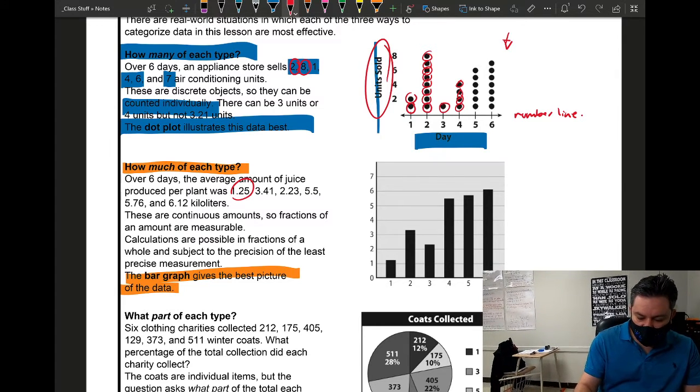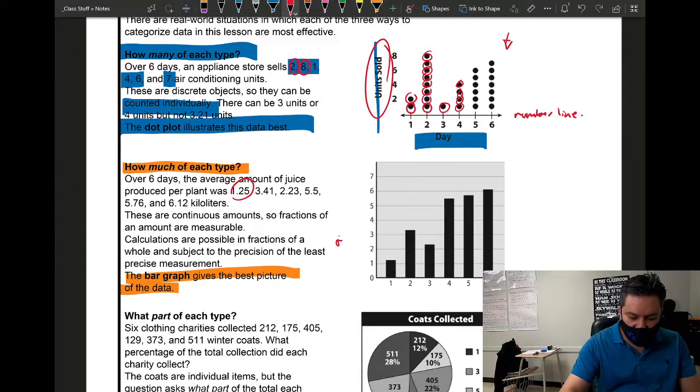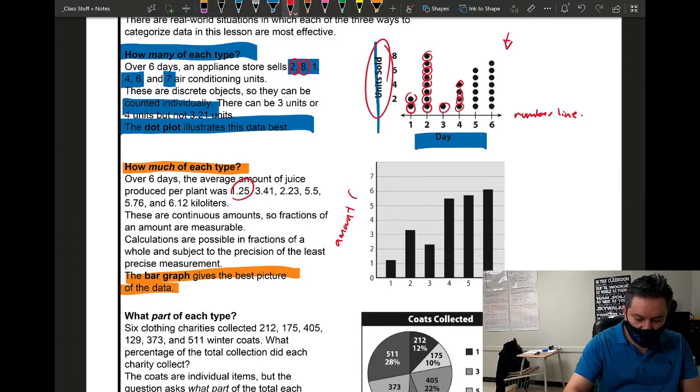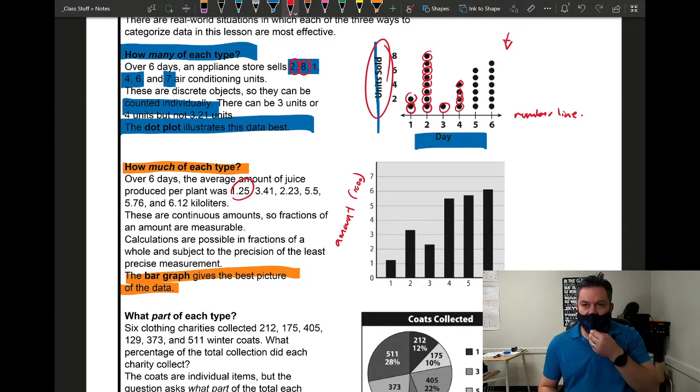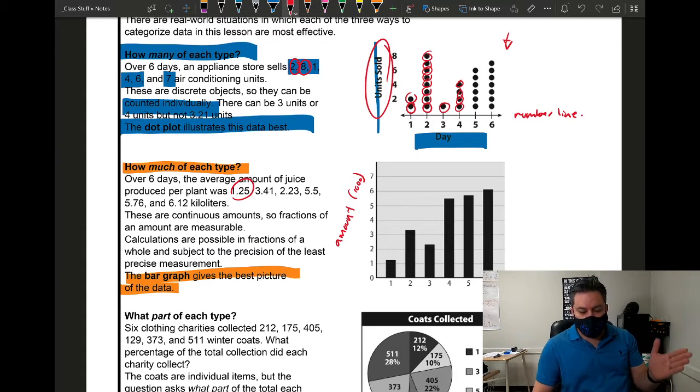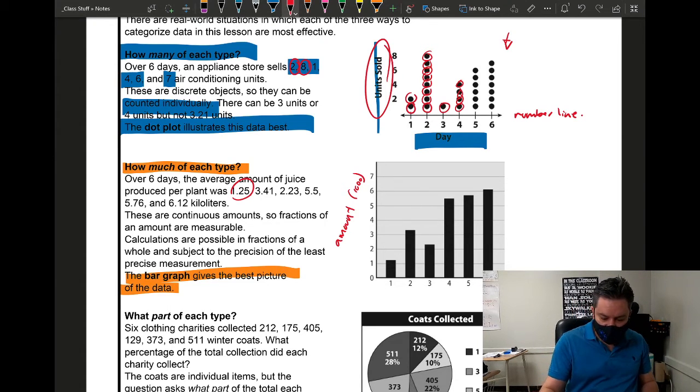The amount is in thousands, okay? So we're gonna have those 2 labels. The bottom is gonna be the number of days, and the vertical one is the amount. Remember, this is the x-axis and this is the y-axis, just like on the number line, kind of.